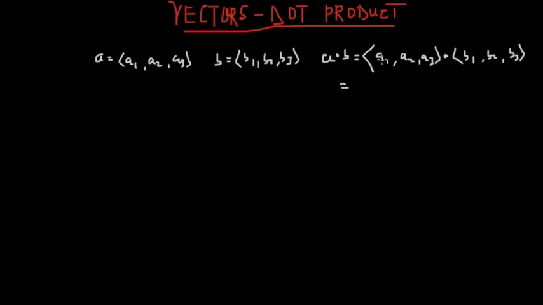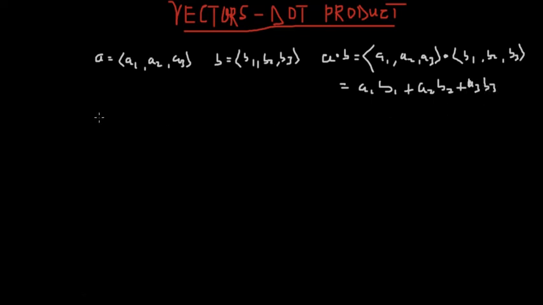You multiply and then add: a1 multiplied by b1 plus a2 multiplied by b2 and then plus a3 multiplied by b3.